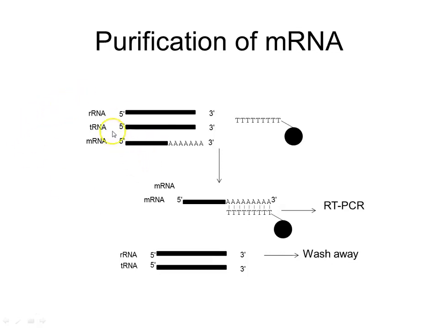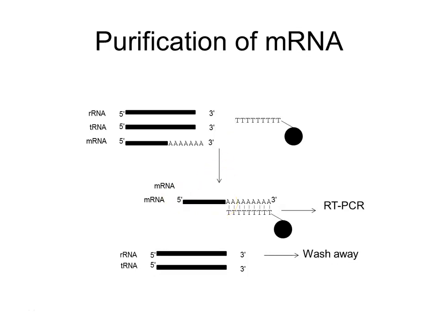So imagine you have a lysed cell, and in that lysate you have ribosomal RNA, transfer RNA, and messenger RNA. Only the messenger RNA has a poly-A tail on it. We're going to use magnetic beads or Dynabeads or solid phase media that has attached to it a poly-T sequence of nucleotides.